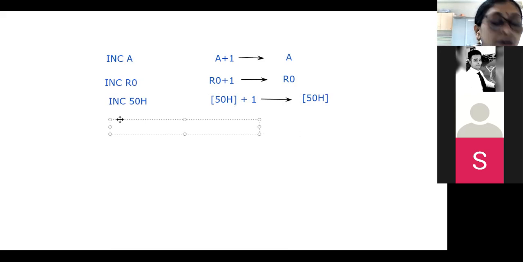So one more addressing mode we are going to study here. Actually the addressing mode used in this case is obviously implied addressing mode, but still we are using it along with some other types of addressing modes here. So if I write here INC @R0, what is the meaning of this?